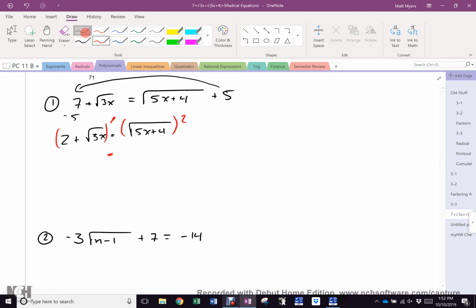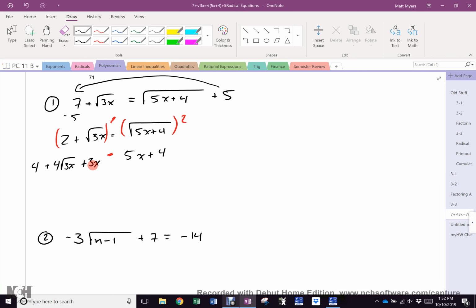Now, for the approximate 100,000th time, this is not 4 plus root 3x. All right? This is 4 plus 4 root 3x plus 3x. Okay?